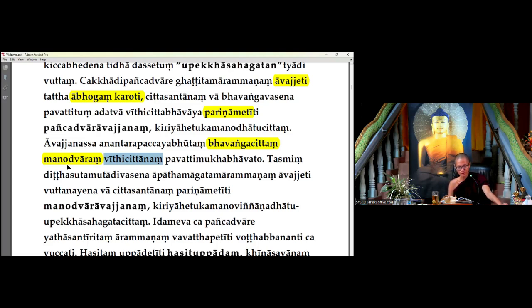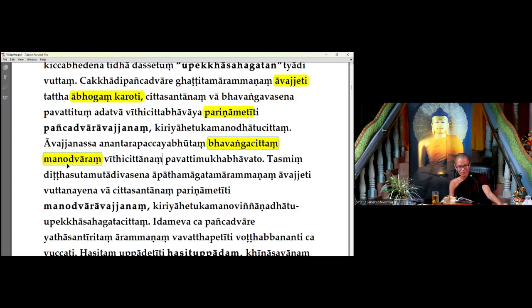The grammar rule is sa-mo-lopa. So Manodvāra is correct. If you write Manadvāra, it is not correct because of the Manogaṇādi group.